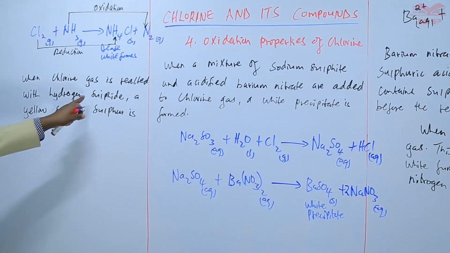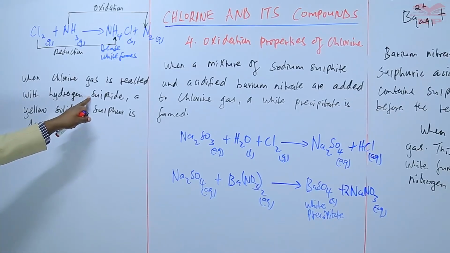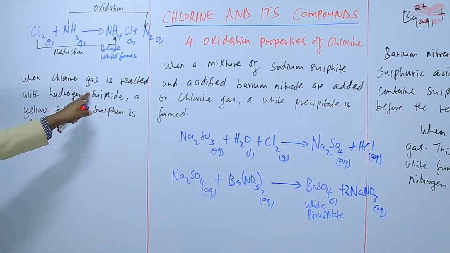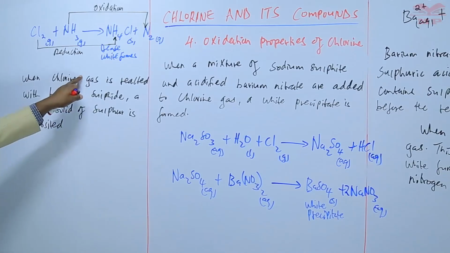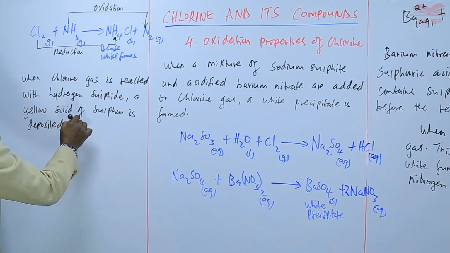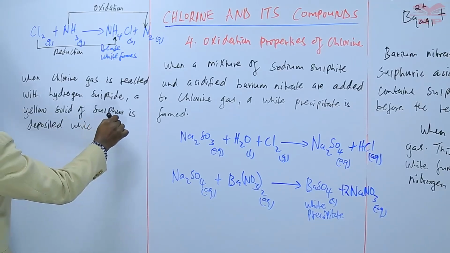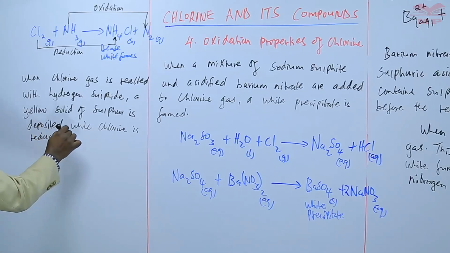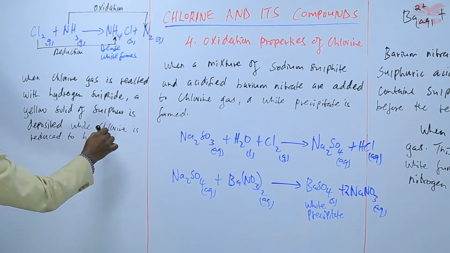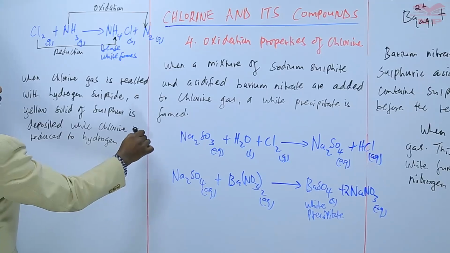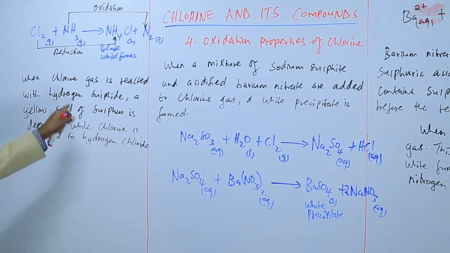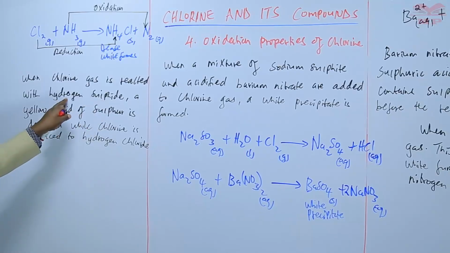And that is to show that the hydrogen sulfide is oxidized to sulfur. Hydrogen sulfide is oxidized to sulfur by chlorine, while chlorine is reduced to hydrogen chloride. So chlorine will gain the hydrogen and become reduced, while the hydrogen sulfide will lose the hydrogen and become oxidized.